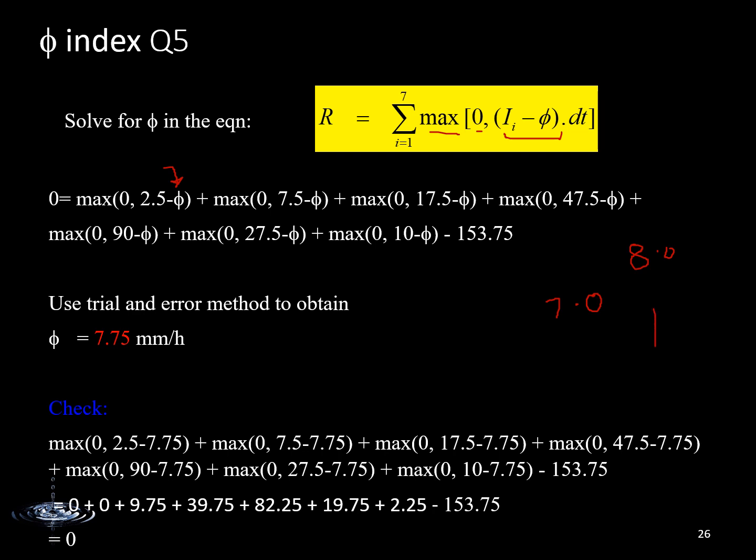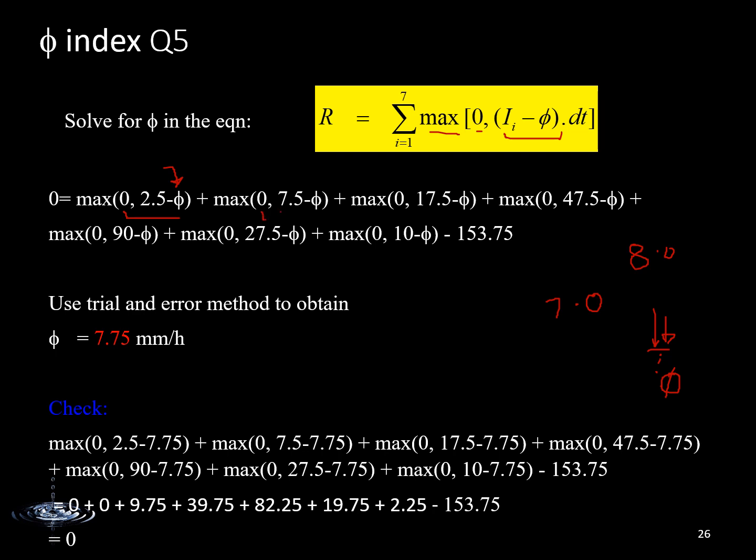Because when rainfall occurs, if there is a capacity to infiltrate, it will infiltrate, and that capacity is phi. If the rainfall is more than that capacity, then only there will be runoff, and that's why this is the value. So first hour, the rainfall is 2.5 minus phi, because we don't know the phi value.